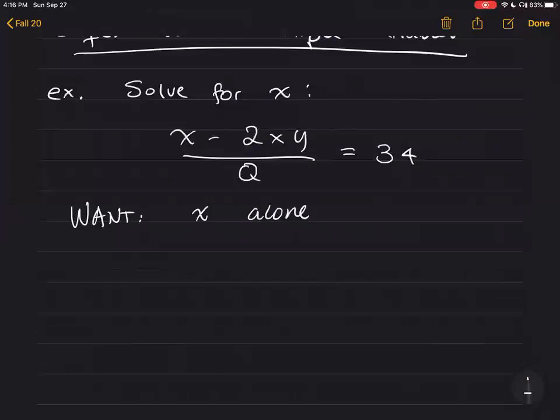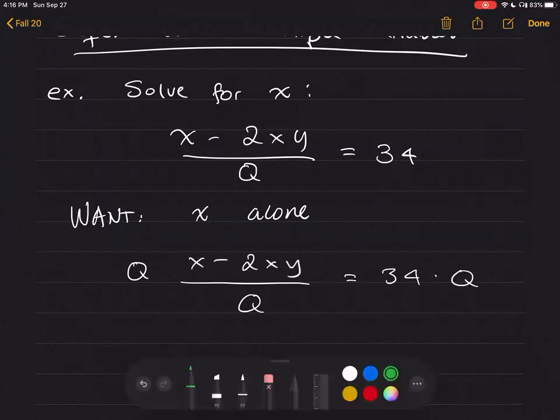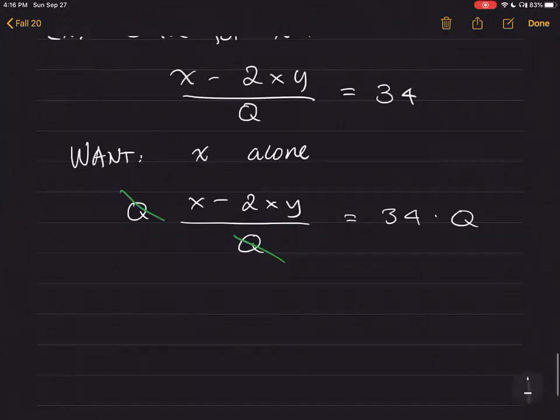So for this one, first I'm going to multiply q on both sides of the equation. So get that on top so that these cancel out, right? So then I get x minus 2xy equals 34q.